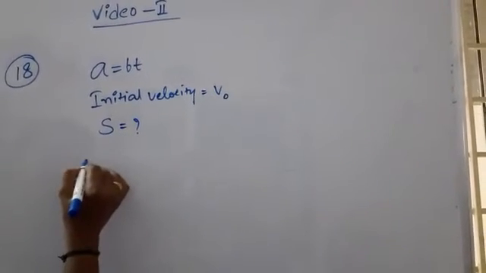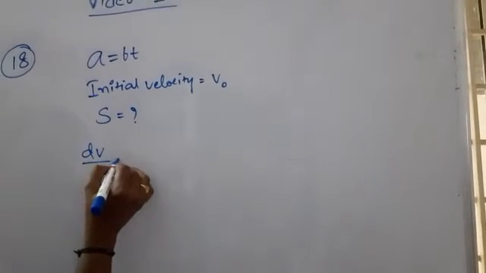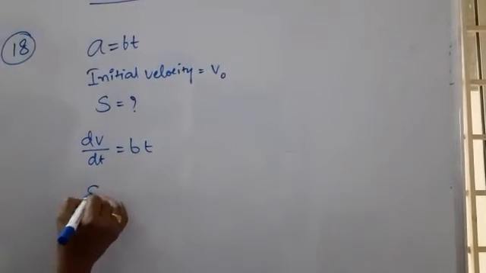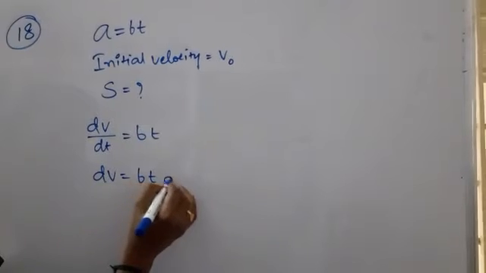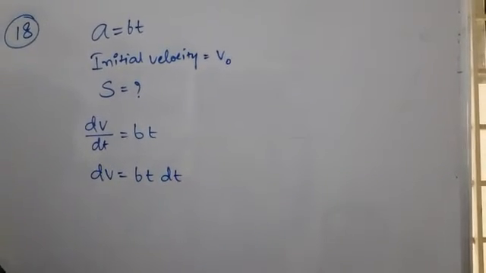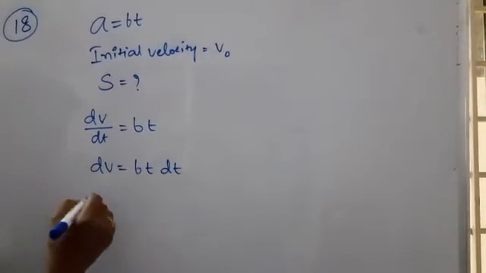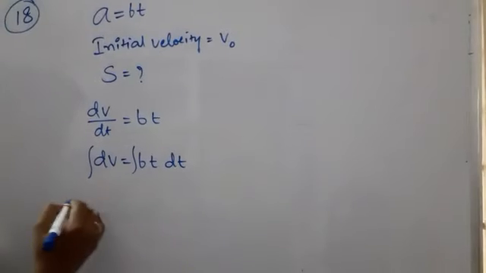Acceleration is the rate of change of velocity, dv by dt, which is equal to b into t. So dv is equal to b into t dt. First we find the velocity by applying integration on both sides.